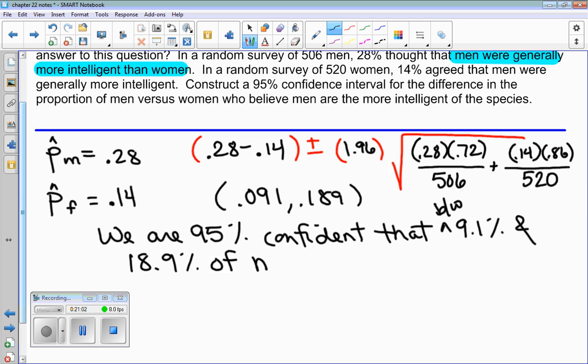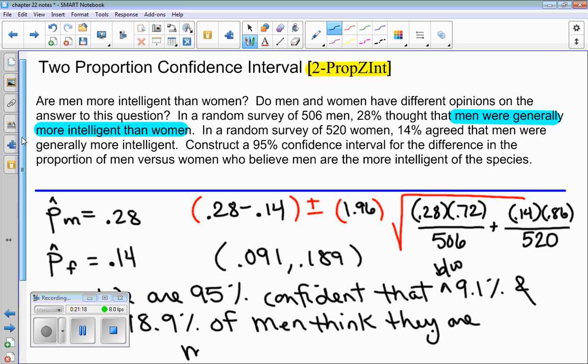More smarter. That bothers me to even say that, in a language sense. Thank you. Okay, so of men think they are more intelligent. Okay, I like that better. Men more intelligent than women. I even highlighted it. That's okay.